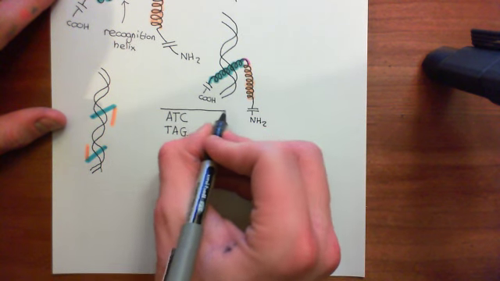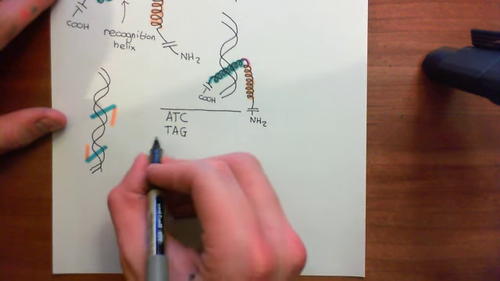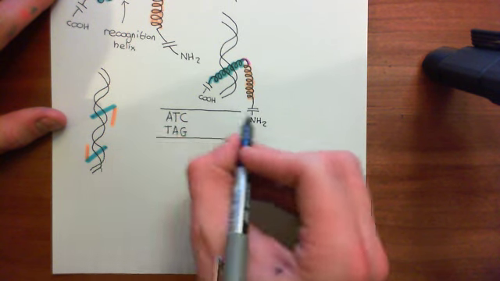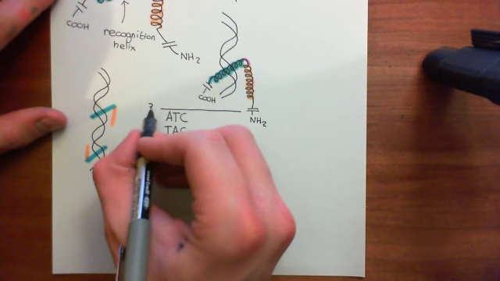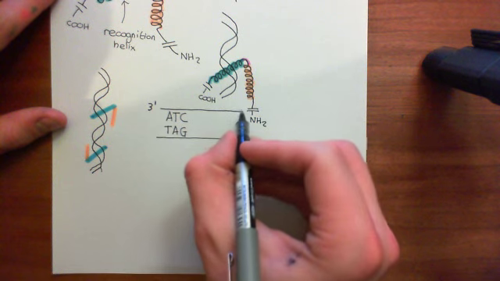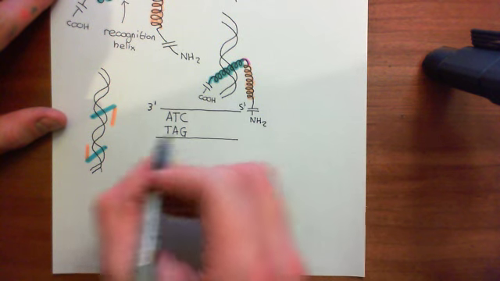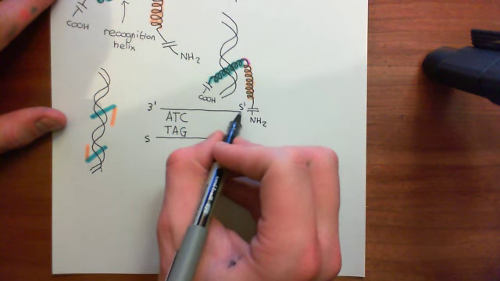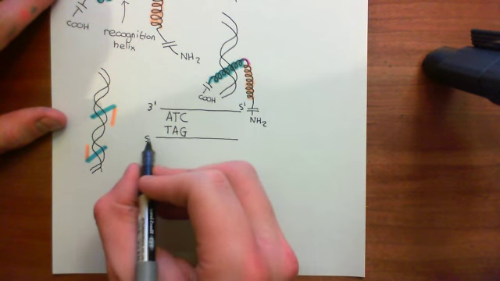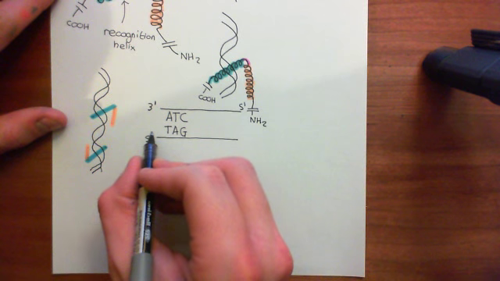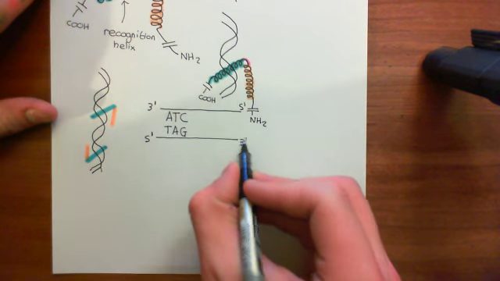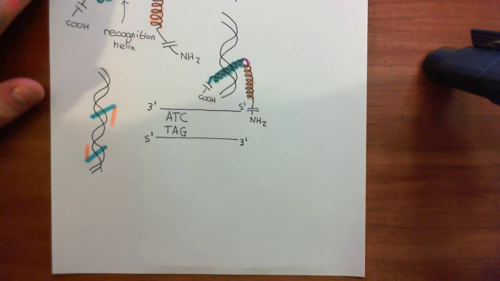Okay, so here's one of the strands of the DNA, and here's the other strand of the DNA. Now remember, the two strands of DNA are running in opposite directions. So let's say this is the 3' one, and this is the 5' one, and that means this is the 3' end of this strand, this is the 5' end of this strand, and therefore this strand will be running in the opposite direction. This will be the 5' end of this strand, and this will be the 3' end of this strand.